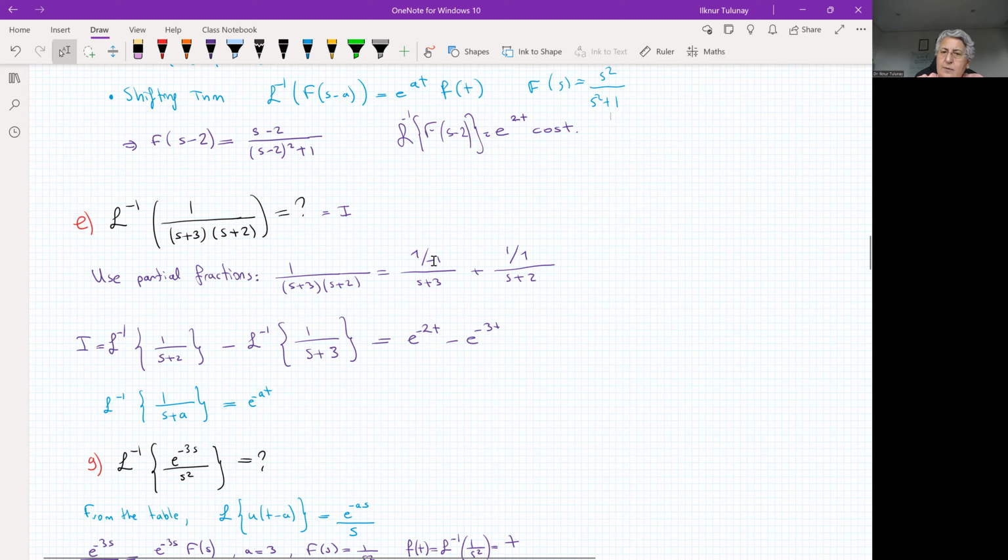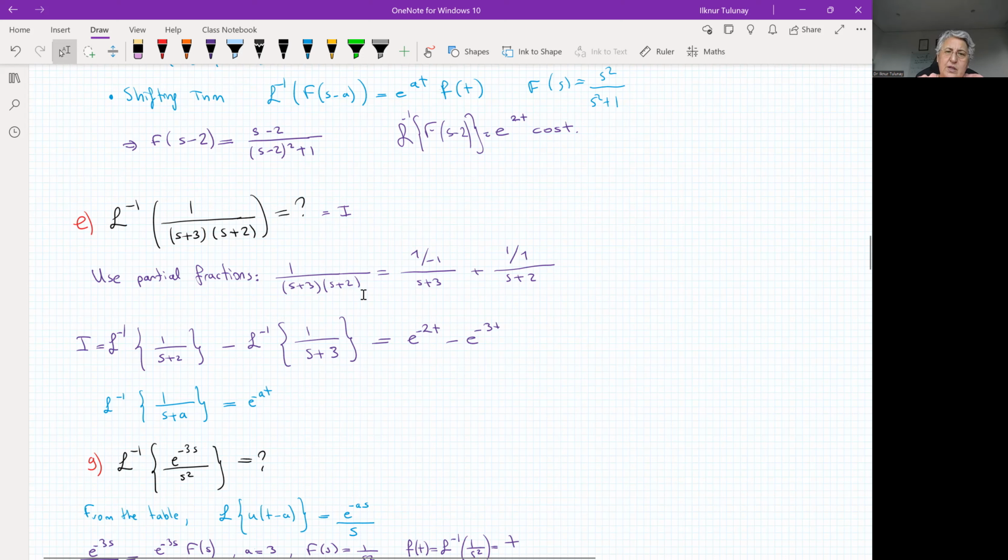It's 1 over minus 1. Plus, for s+2, the root is minus 2. Remove that one from your eyes. Substitute minus 2. So this is minus 2 plus 3, that will be 1. So this is 1 over 1. That's a quick way of calculating the splitting partial fractions.